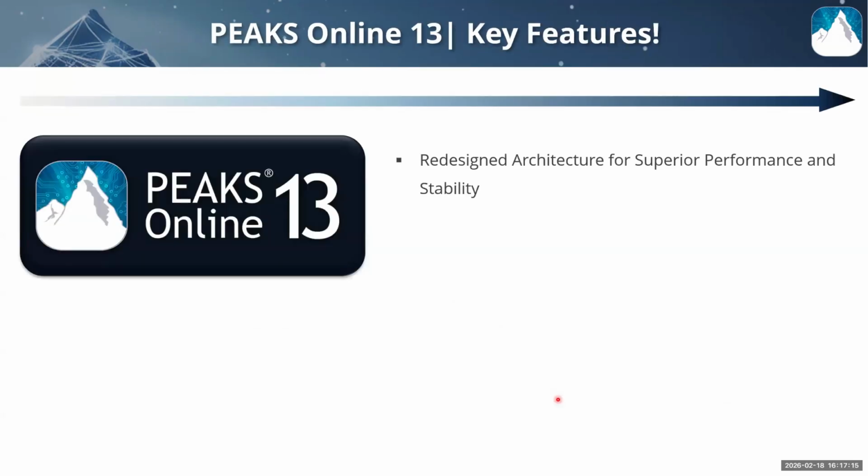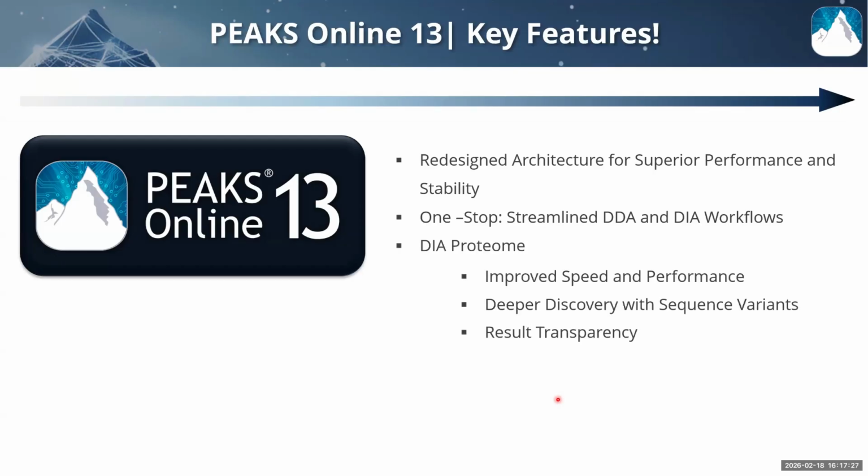So I just talked to you about the redesigned architecture for Peaks Online. I'm going to mention to you a little bit about our streamlined workflows, as well as mainly discussing DIA Proteome, in which we've actually improved the speed and performance quite a bit, as well as also providing the user the ability to search for mutations, mainly sequence variants, and results transparency.